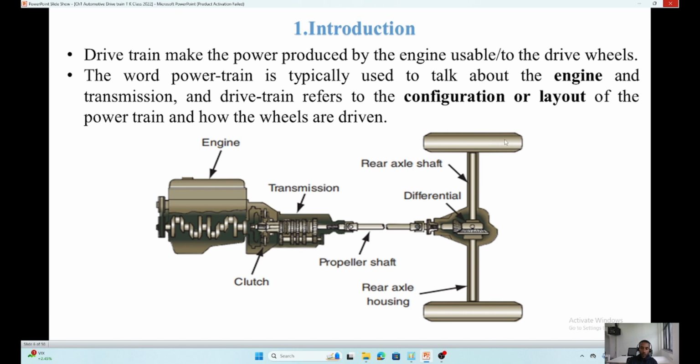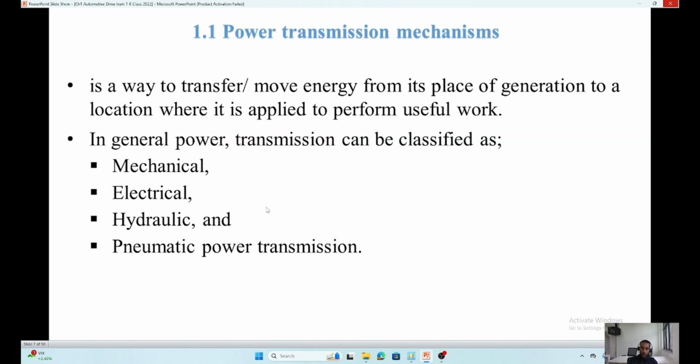But for the movement of the wheel, the engine must send some power. That's why it requires a power transmission mechanism, and this can be classified as mechanical, electrical, hydraulic, and pneumatic power transmission. Let's see one by one.